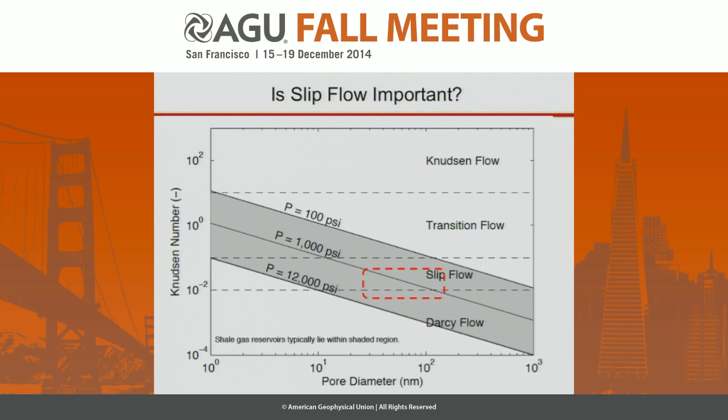So we've been looking at that because we're talking about nanometer, tens of nanometer scale pores. One would expect, based on the mean free path of these gases, that as we change from an original pressure to depleted pressure, we actually go from Darcy flow into slip flow, sort of a Knudsen diffusion effect.